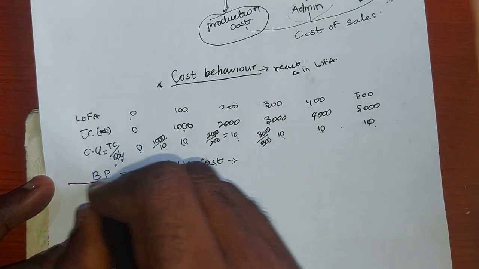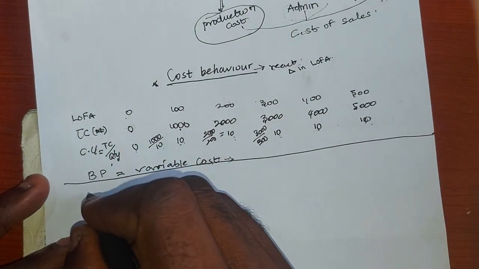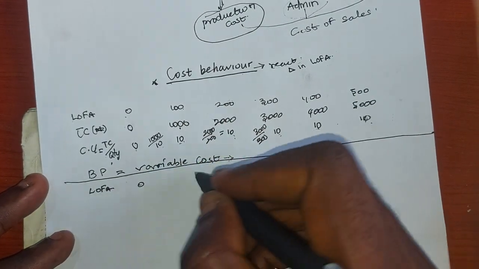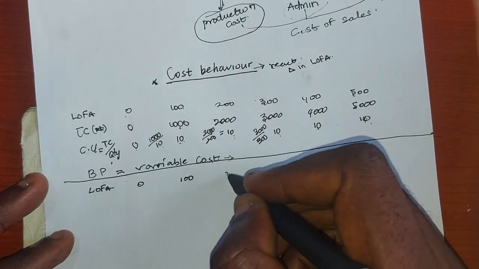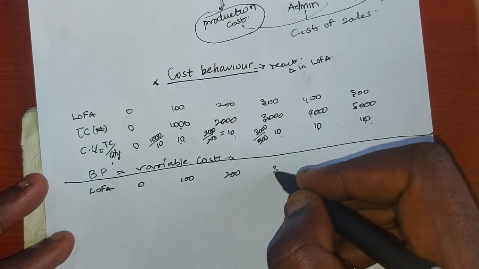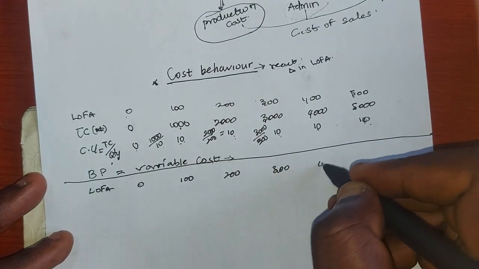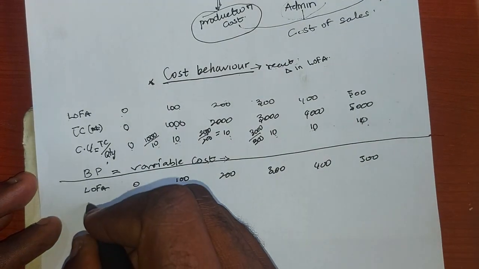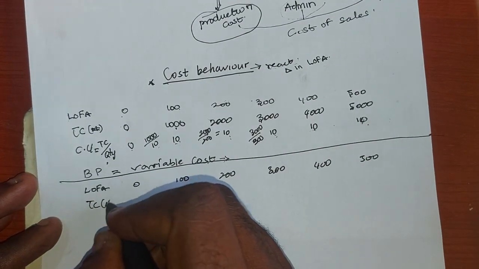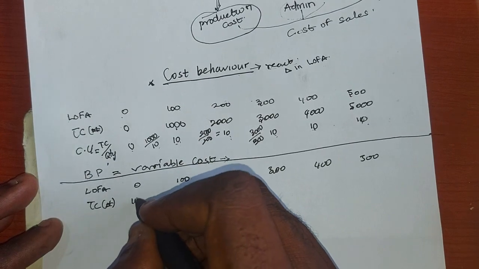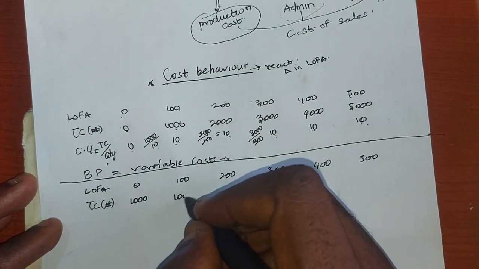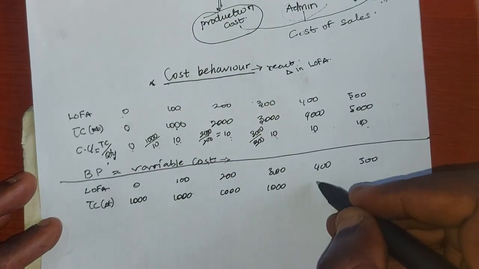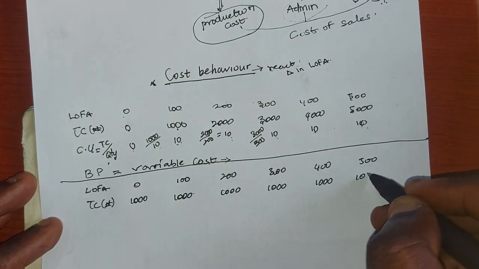Secondly, number 2, supposing we have level of activity that starts from 0, 100, 200, 300, 400, and 500. Then you have total cost in Naira value: 1,000, 1,000, 1,000, 1,000, 1,000, and 1,000.